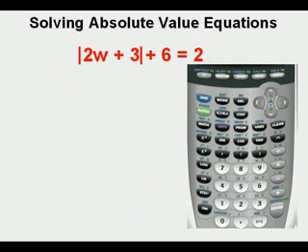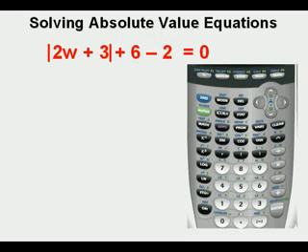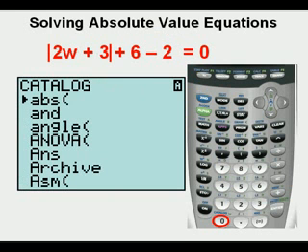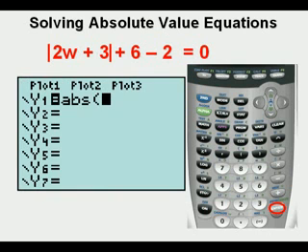We first solve for 0 by bringing the 2 to the left of the equal sign, where it becomes -2 and leaves 0 on the right side. We press the y equals key, and we enter the left side of the equation. We start accessing the absolute value operator by pressing second, then the 0 key with the catalog above it, then press enter.